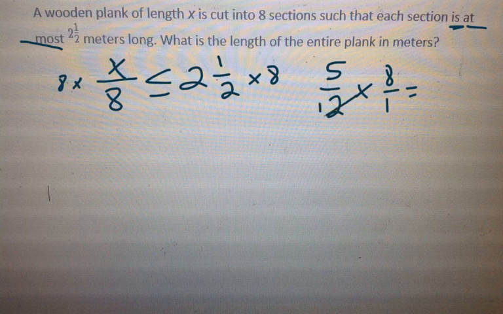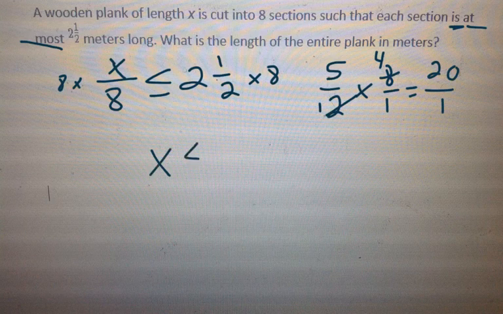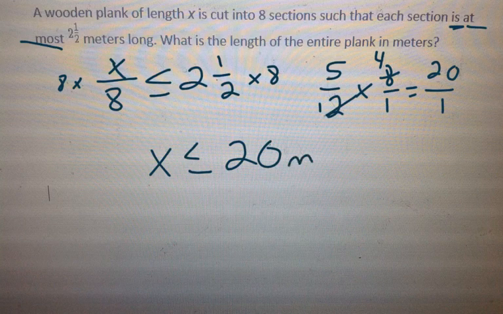Divide this by 2, divide this by 2. We have 5 times 4 and 1 times 1. So we know that x has to be less than or equal to 20 meters. So the length of the entire plank is 20 meters.